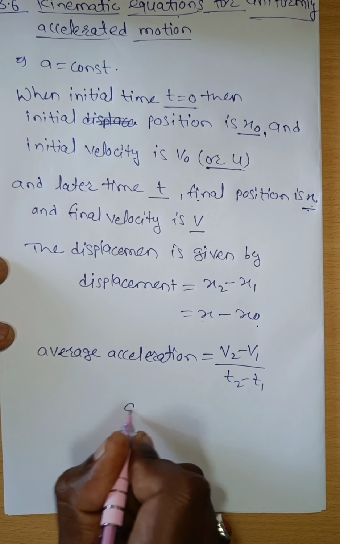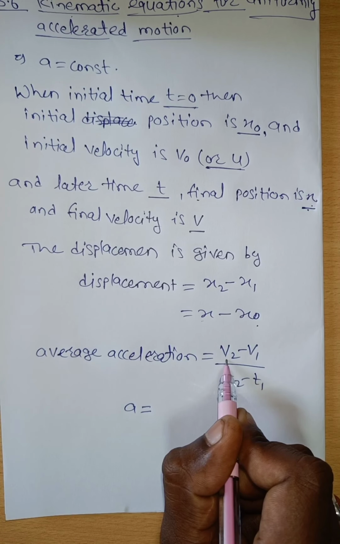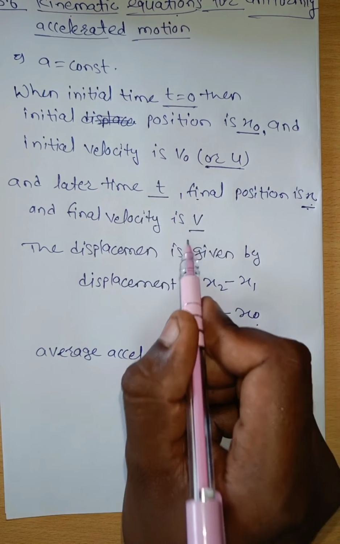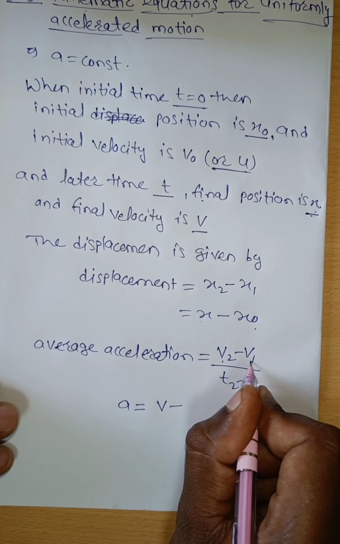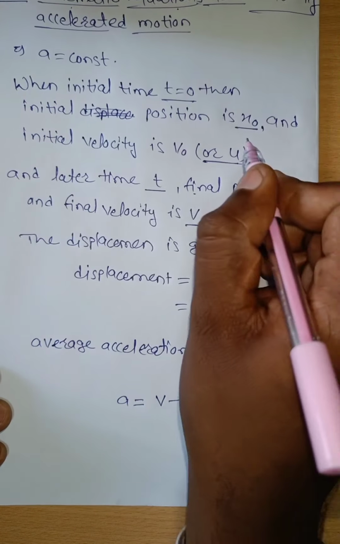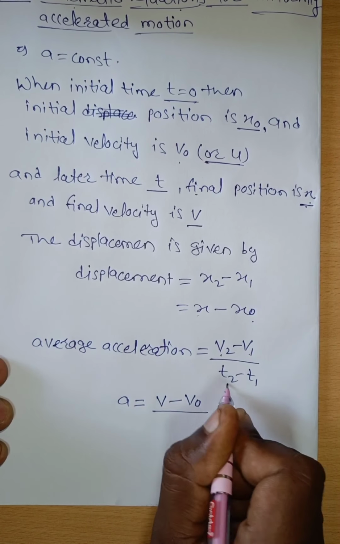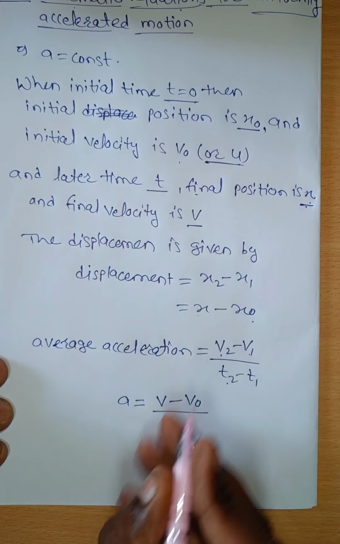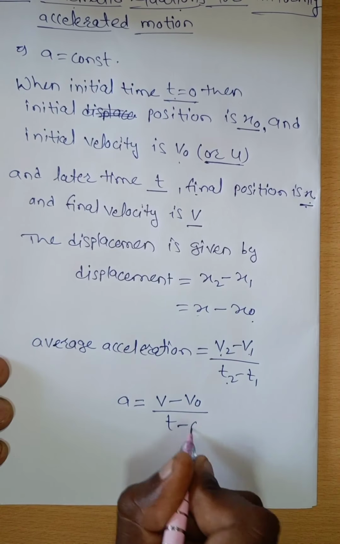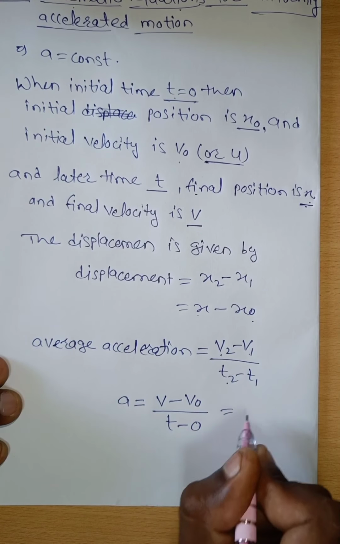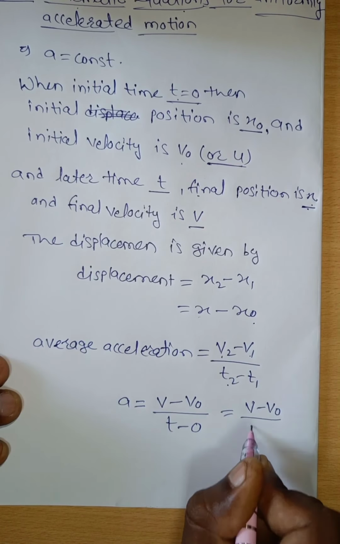So average acceleration a is equal to: the final velocity is v, minus the initial velocity v naught, divided by the final time t minus the initial time 0. Therefore this is v minus v naught divided by t minus 0, which is t.